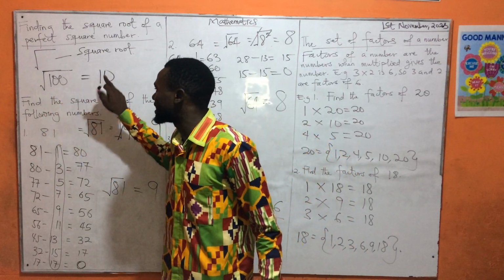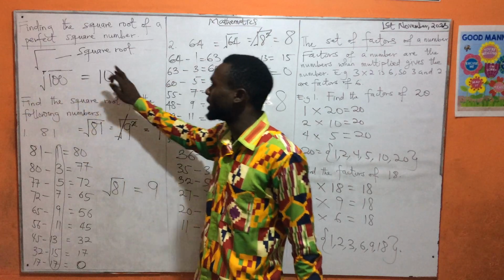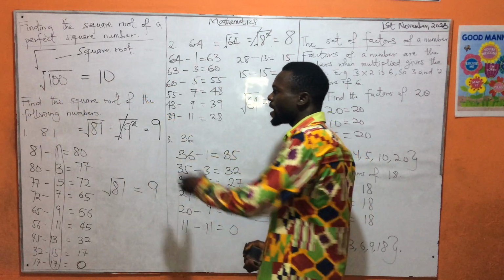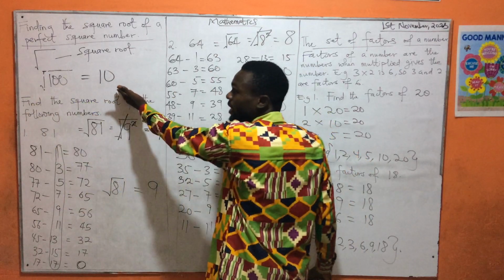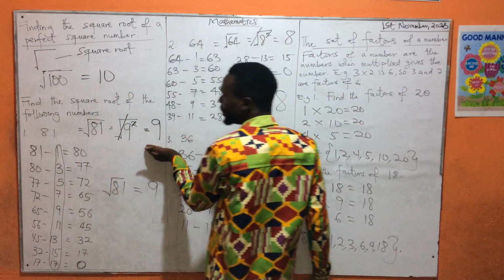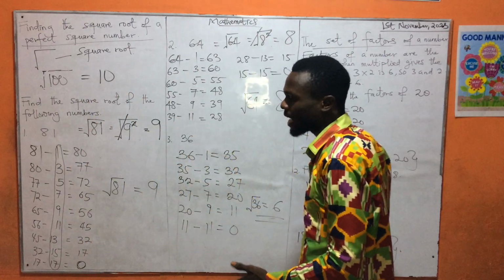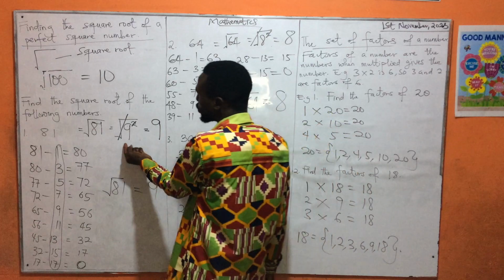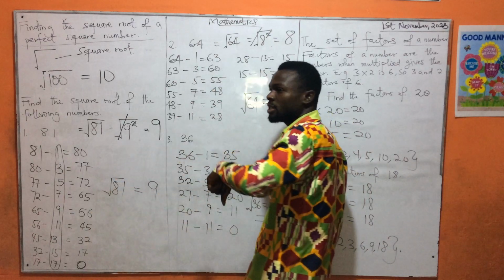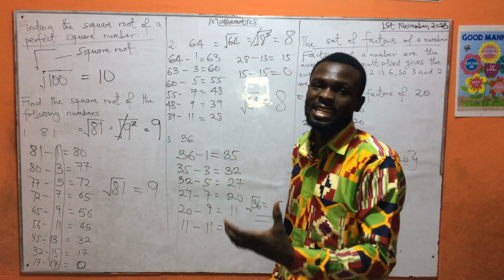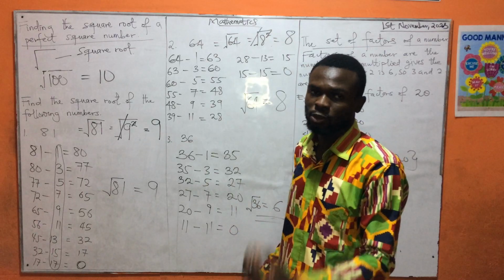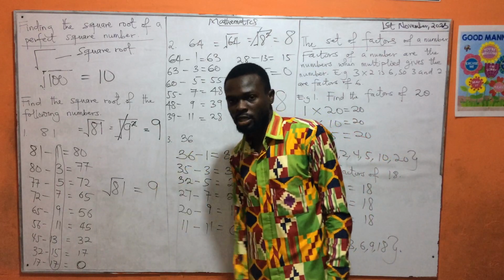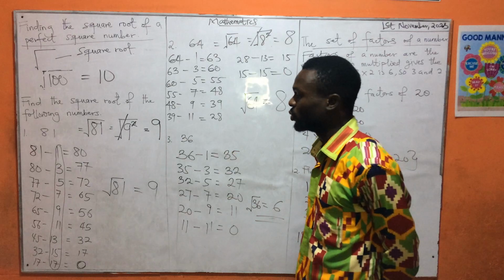So since it is 10, then the square root of 100 is 10. And we've explained the reason why this is 10 to you in this format. Because we want the number times itself, it gives us an index of 9 to the power 2, which then 2 will cancel the square root, and that gives you 9.